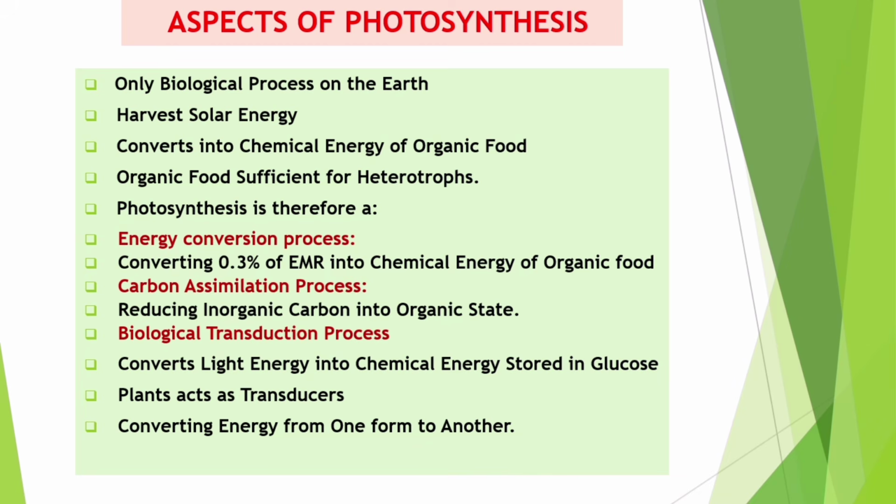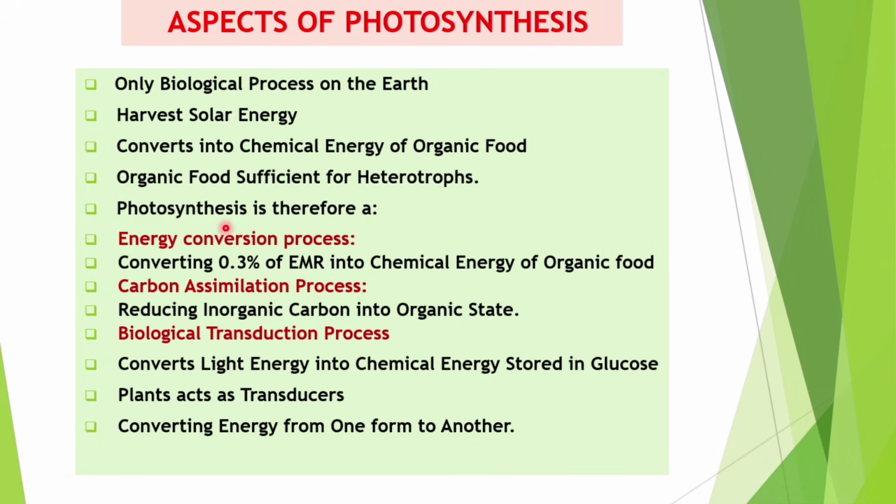After understanding the definition of photosynthesis, let us discuss the various aspects of photosynthesis. In brief, it is the only biological process on the earth which harvests solar energy and converts it into the chemical energy of organic food. And the organic food which is formed is sufficient for the next trophic level, that is the heterotrophs.